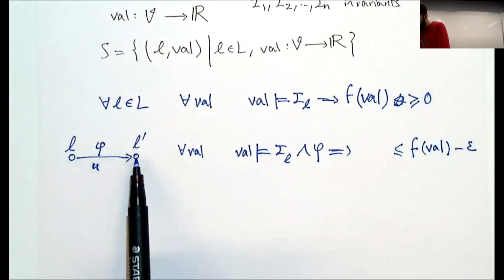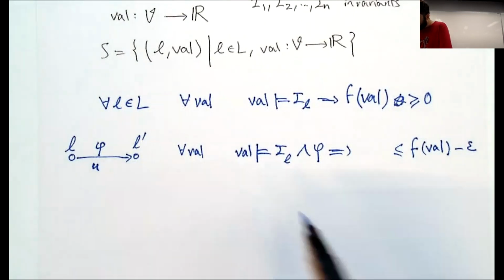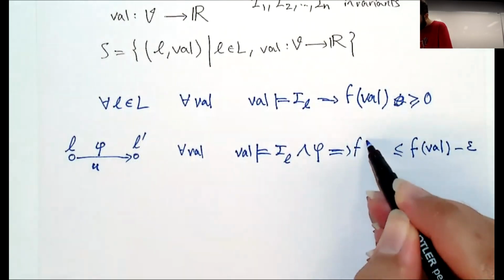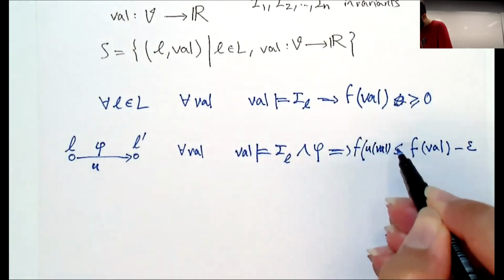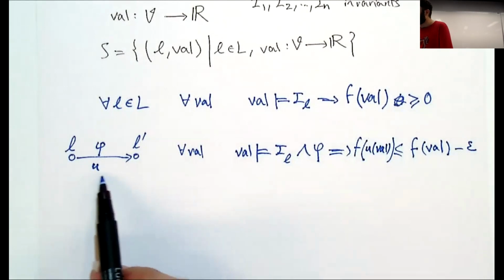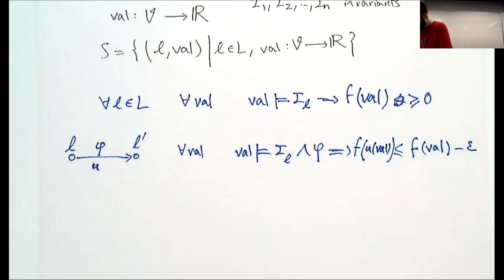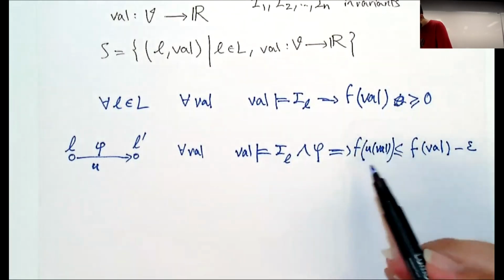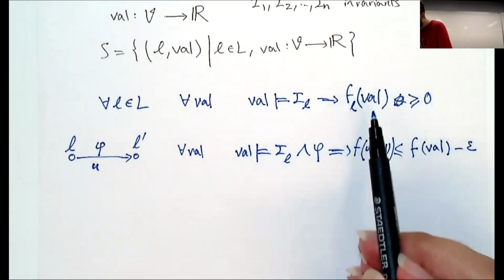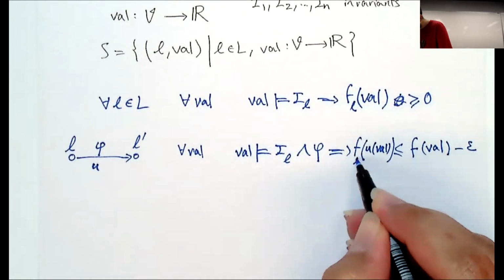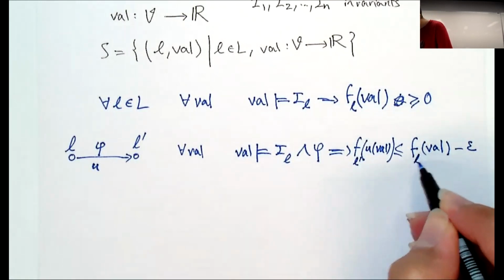But when I go to L prime, what is my value? My value is f of u of val, because the valuation is now updated by this function u. And actually, I'm going to add these indices for f. So this valuation is at L, this valuation is at L prime, this valuation is at L.